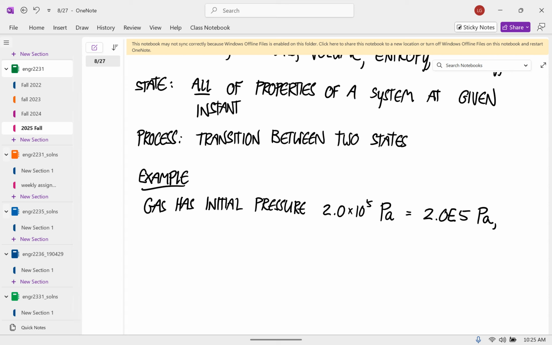And it has an initial temperature of 350 Kelvin and initial volume of 0.6 cubic meters.